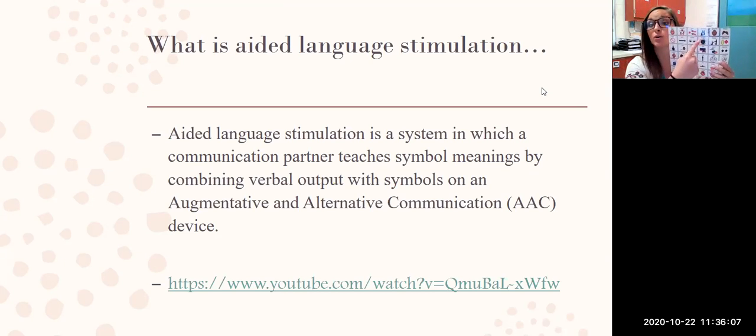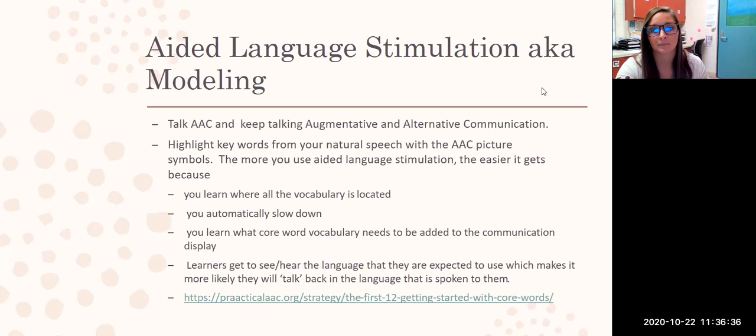You're touching the symbol, the student's looking at it, and you are verbally saying it as well. So you're saying it, you're touching it, they're looking at it. That is a model. There is a YouTube video under this that you can watch that will show you a video of someone doing aided language stimulation. Like I said before, I'm not going to pull it up. Sometimes that will make our Zoom crash, but you are free to look at it at any time.